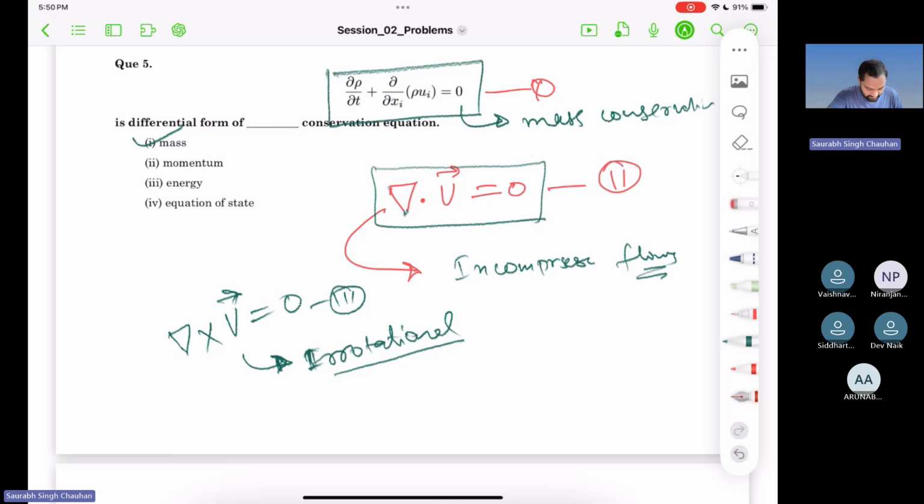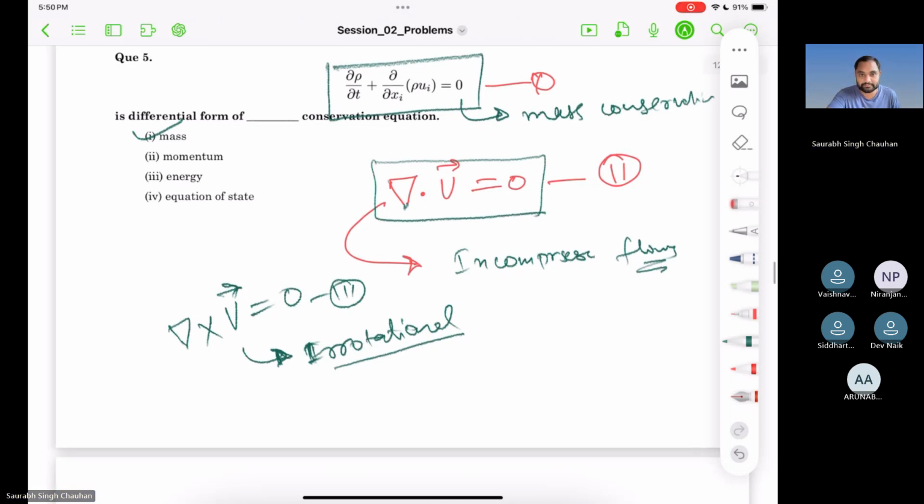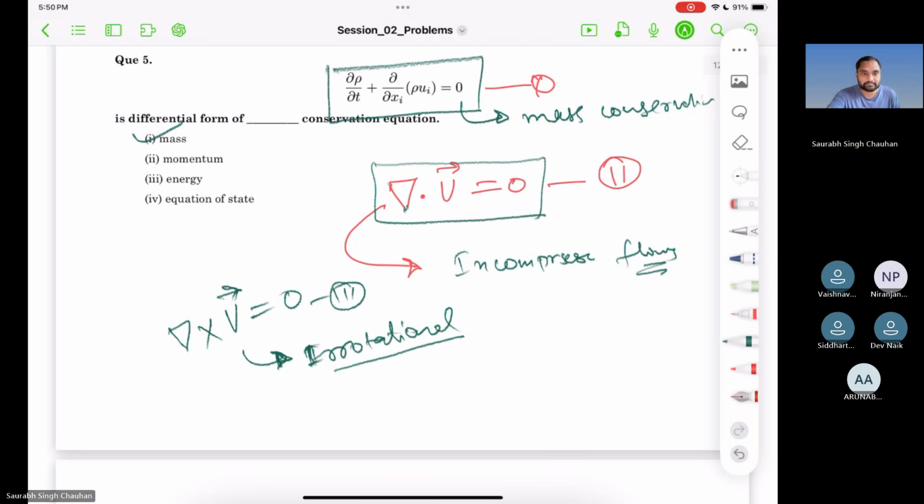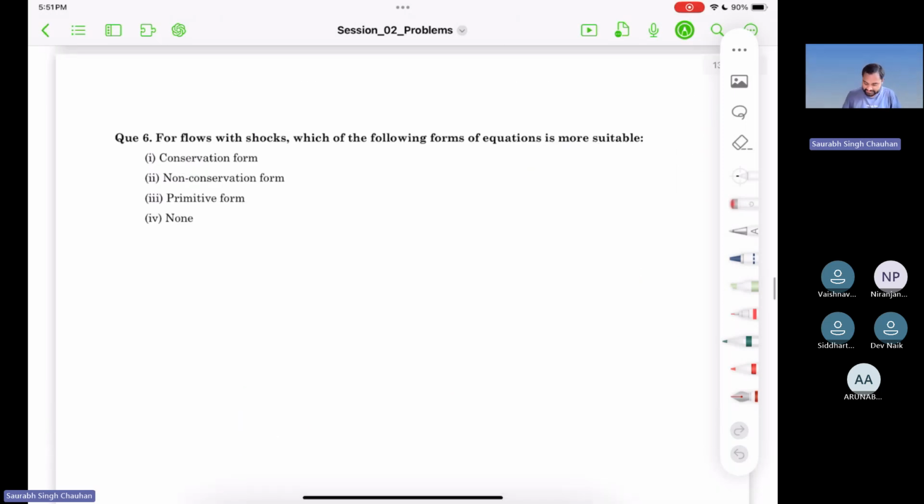If there is any doubt, please ask, or we can move to the next question, question number 6.